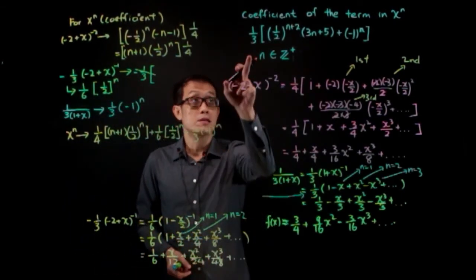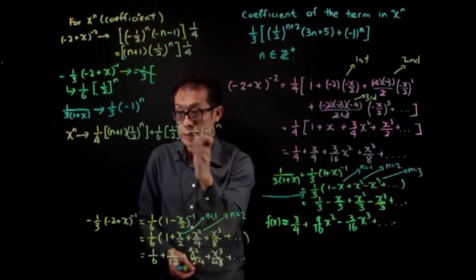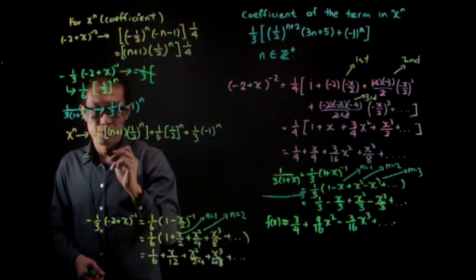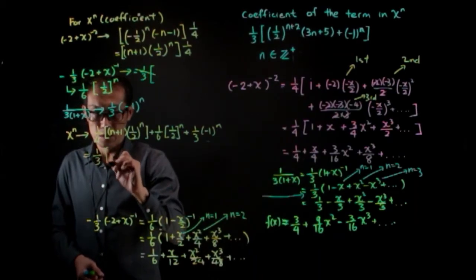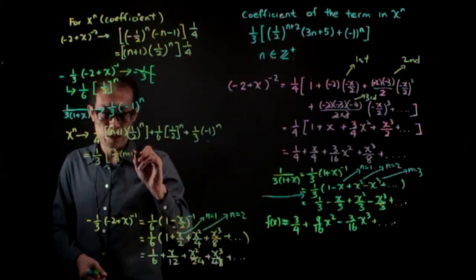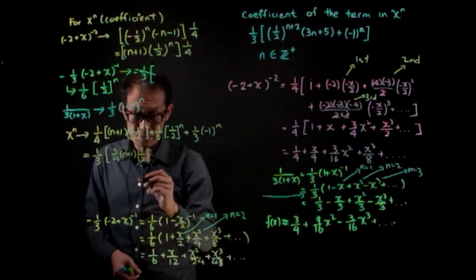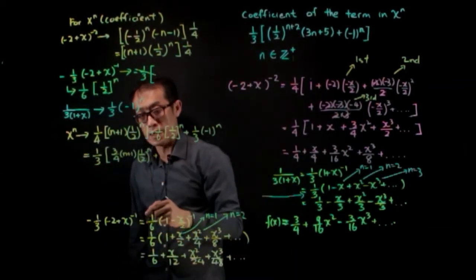Now look at this, there's 1/3 being factorized out. So we take 1/3 out from this expression. So you have 1/3, you have 3/4 here into n plus 1 half to the power of n. Now you take out a third, so this one you must times 3.